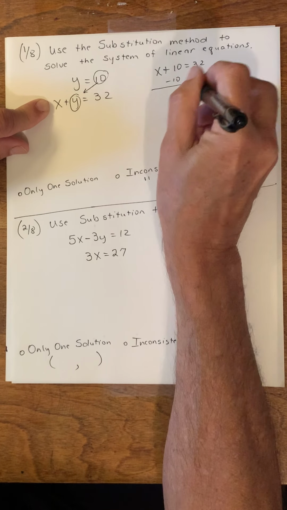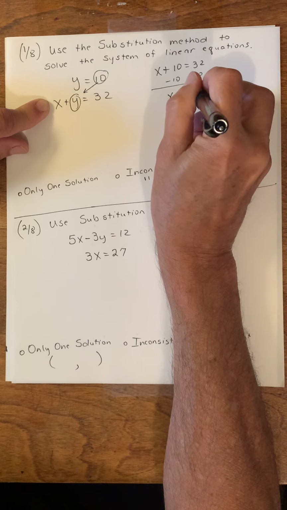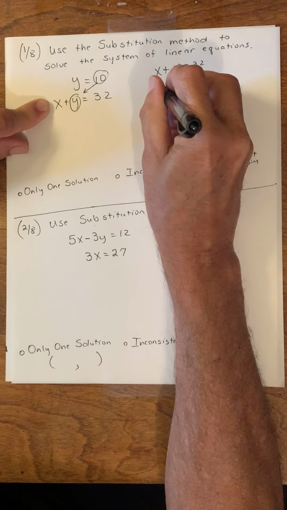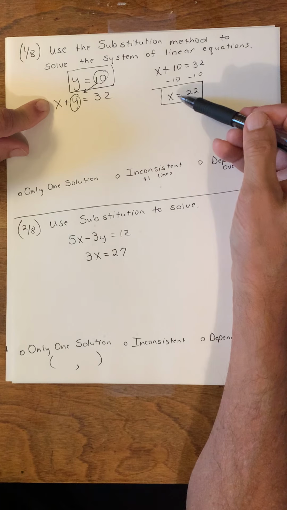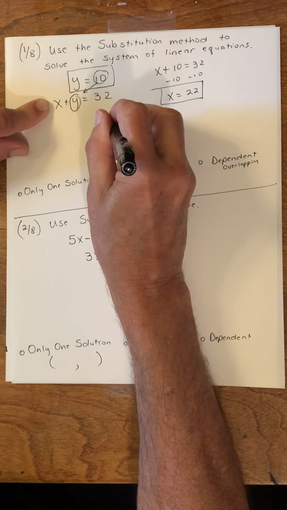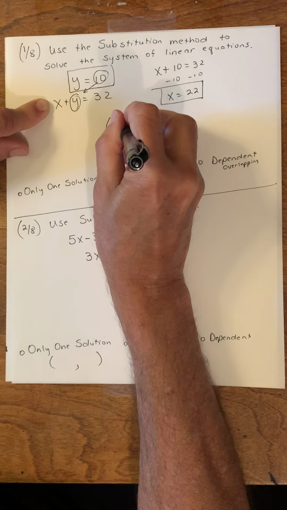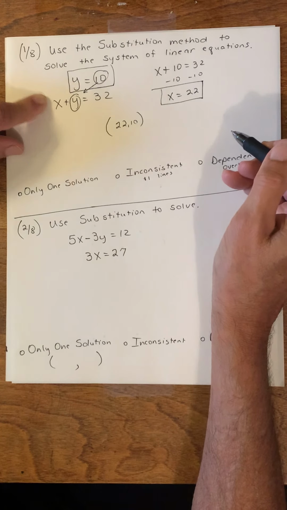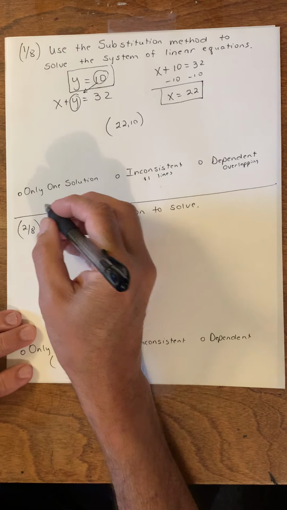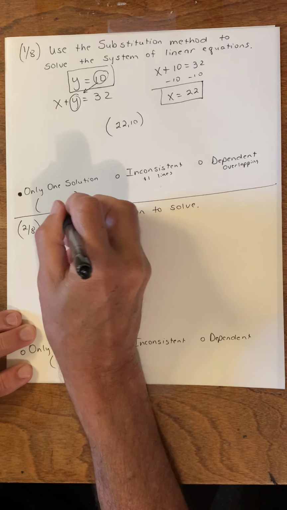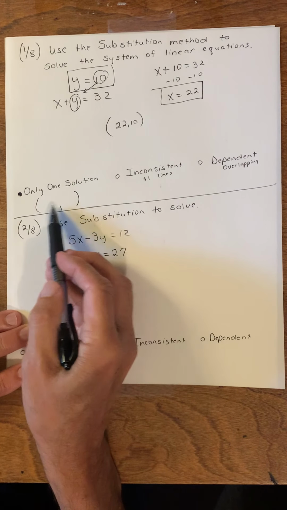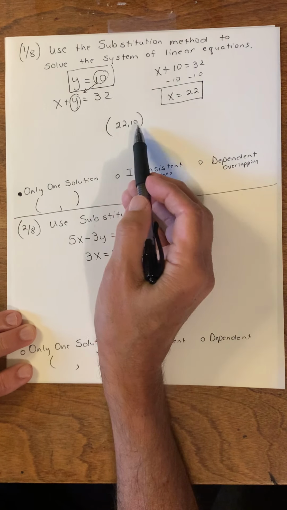Oh my goodness, that was easy. x is 22. I've got my point. x is 22, y is 10. My point of intersection is (22, 10). And so I will choose only one solution, and as soon as I choose that, a little box shows up that asks me, okay, what is that one solution? It's (22, 10).